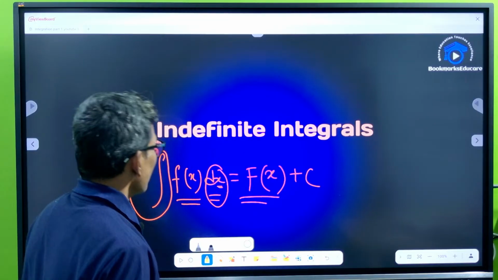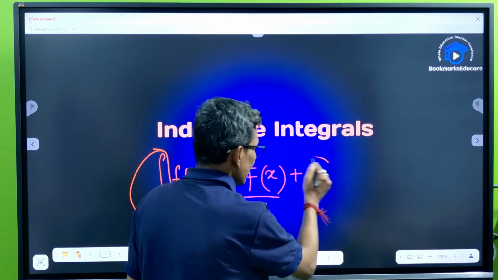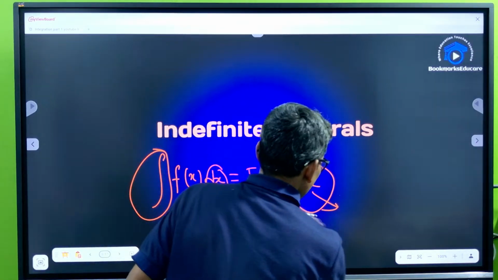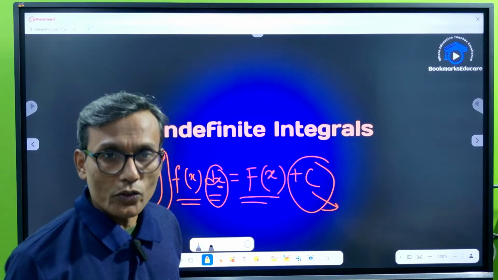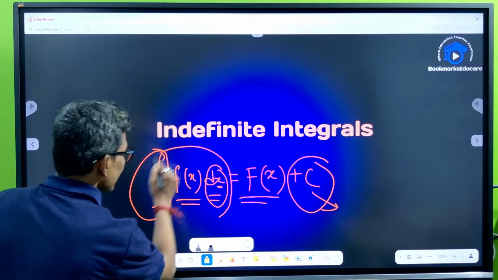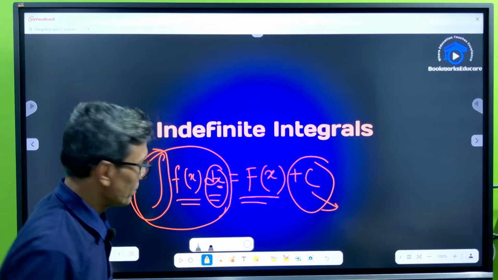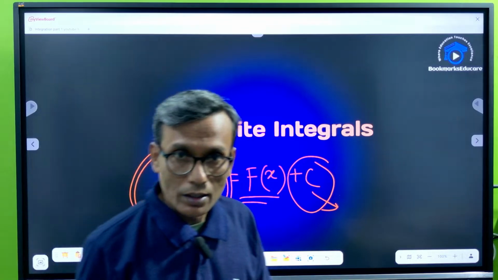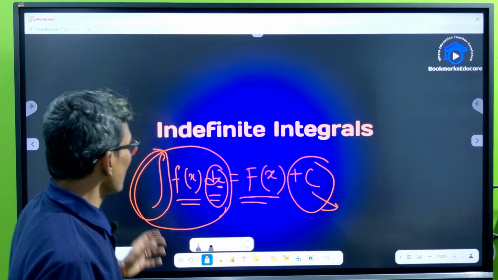Here, C is a constant, known as the indefinite integral constant. The entire expression, integral of f of x dx, is known as the integral. Okay, clear?